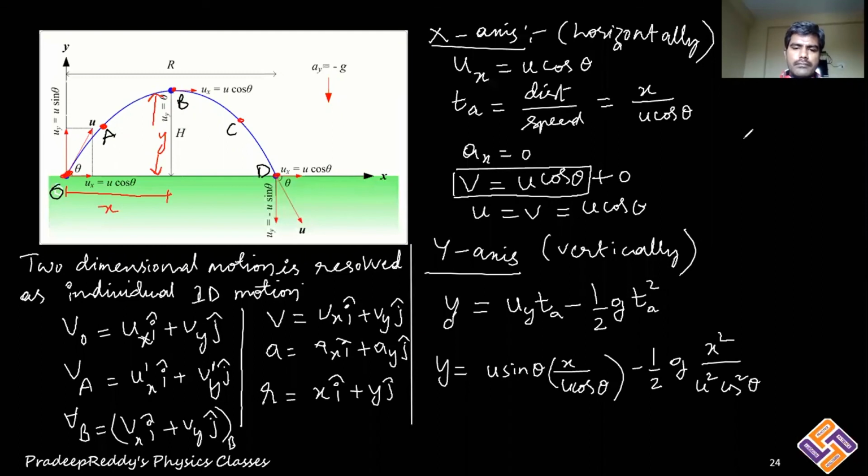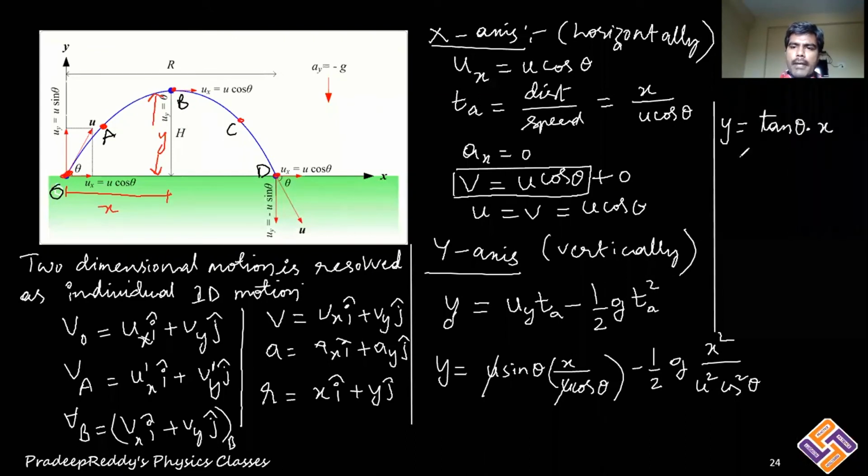Fine. You can cancel u here, sin theta by cos theta is left with tan theta. Y is equal to tan theta into x minus g by 2 u square cos square theta into x square.